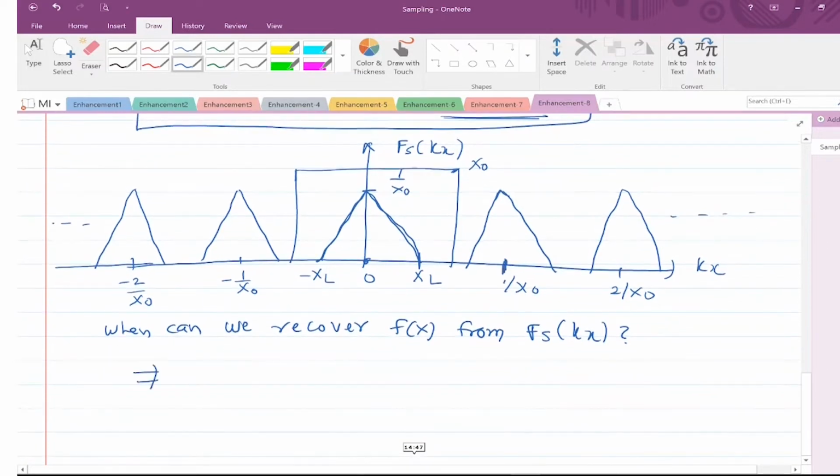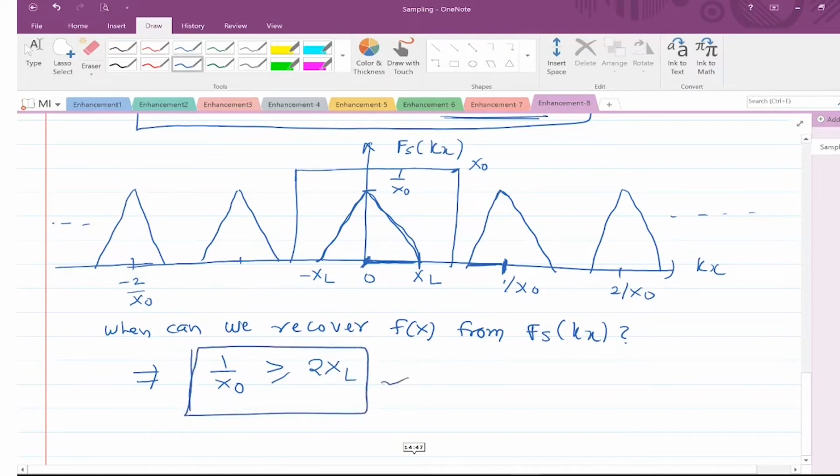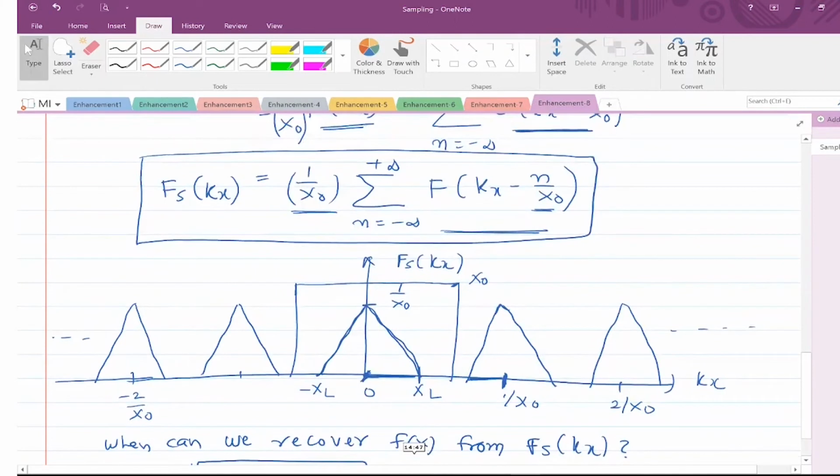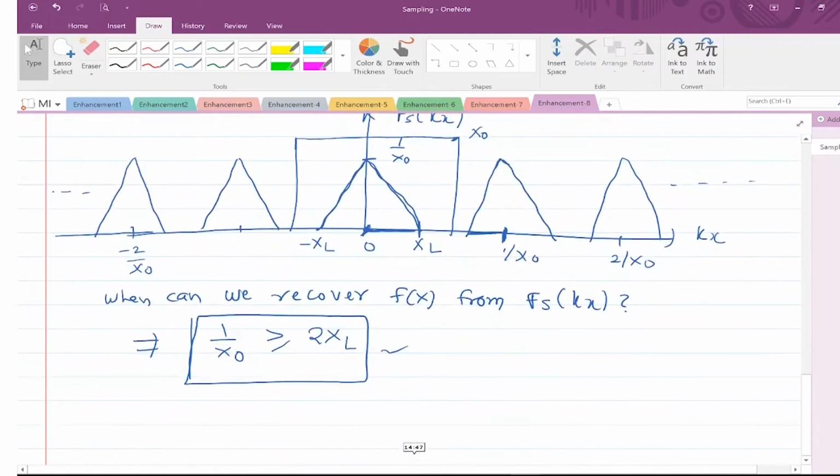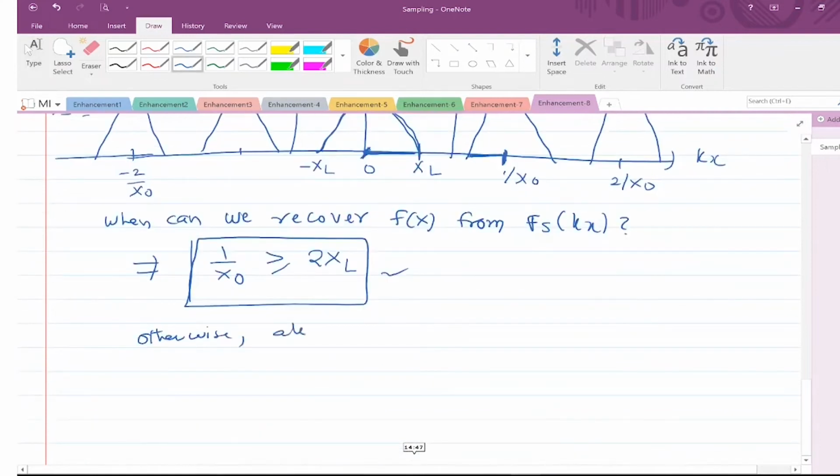So that means you are keeping a copy at 1 by x naught. Within that, here this length is xl. Similarly, the magnitude of this length is also xl. So 1 by x naught should be at least equal to or greater than 2 times xl. So this is your Nyquist rate. As long as this is possible, you could recover your f of x even from the frequency spectrum of a signal obtained by multiplying the original signal with an impulse train. Otherwise, the aliasing effect is there.